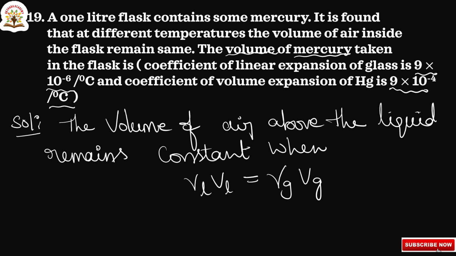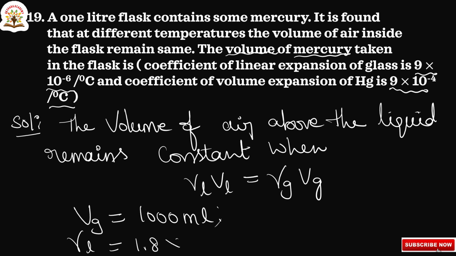Okay. Now here they given us 1 liter, nothing but 1000 ml. So Vg is equal to 1000 ml, and gamma L they given us 1.8 into 10 to the power of minus 4 per degree centigrade.